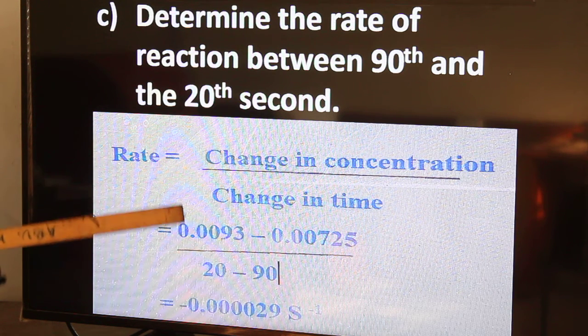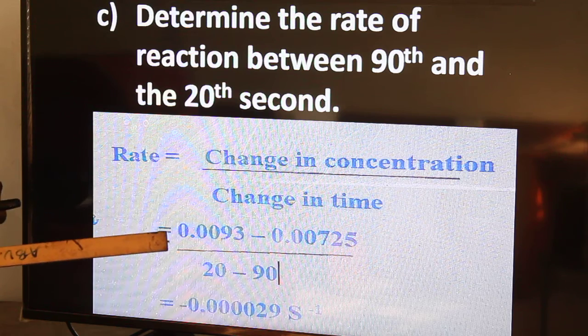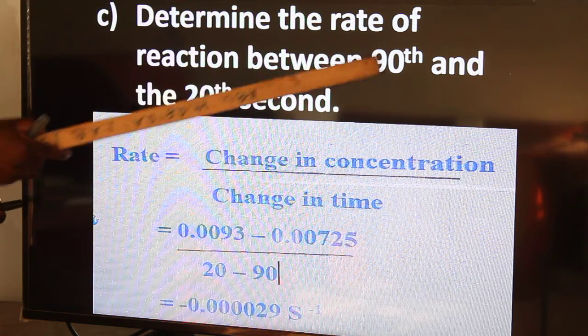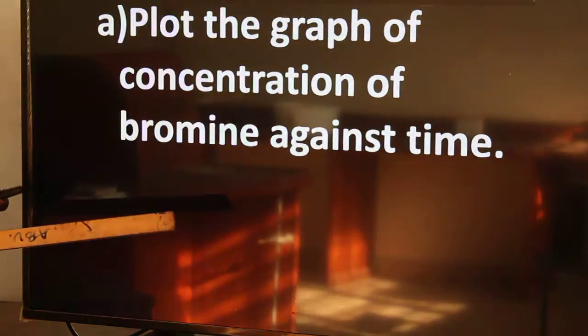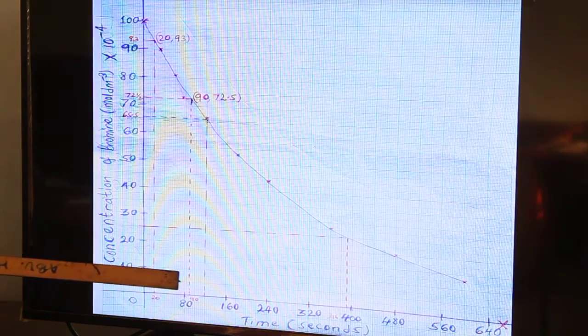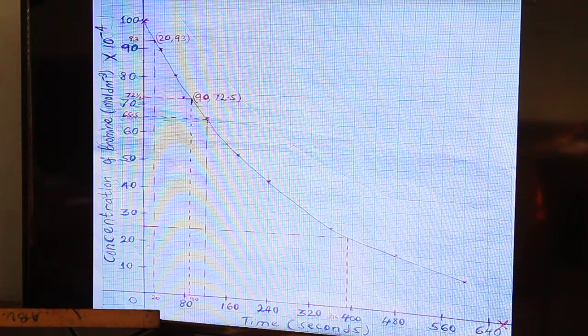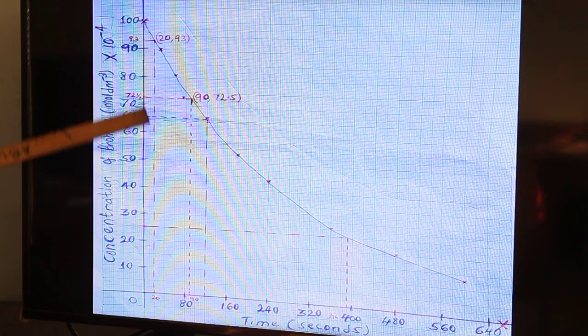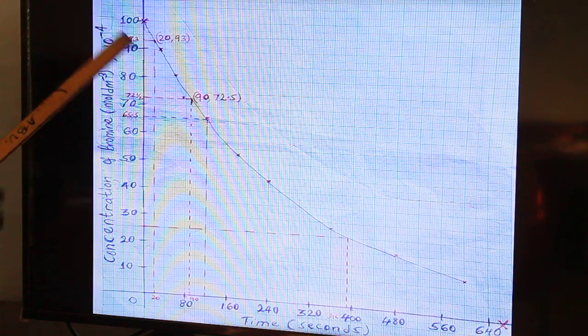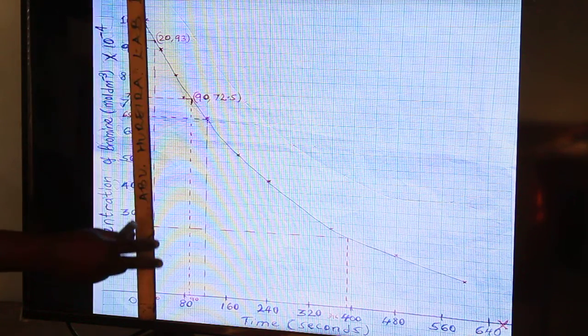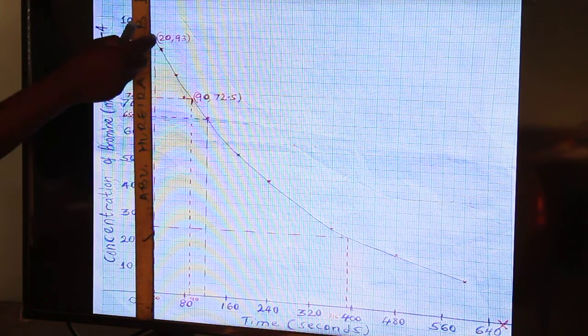So we come to the graph and we look for the 20th second and 90th second. On our graph, we check where 20 seconds is. The 20th second is here. Then we draw with a ruler a dotted line to cut the curve.